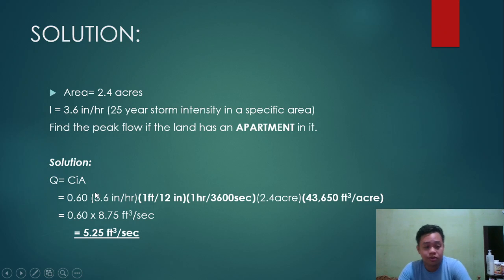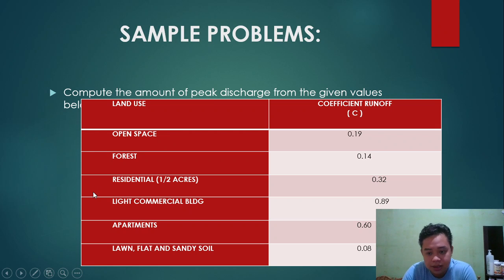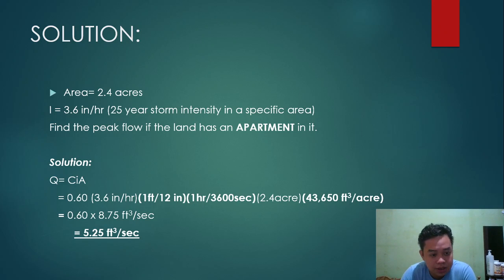So direct substitution: since the apartment has 0.6, which is its C, times the I for the given 25-year storm intensity, 3.6, and also converting it so that we can get the cubic feet per second. So this 3.6 will be multiplied by 1 foot divided by 12 inches times 1 hour divided by 3,600 seconds, so that inches and hours will be cancelled, times the area, which is 2.4 acres.